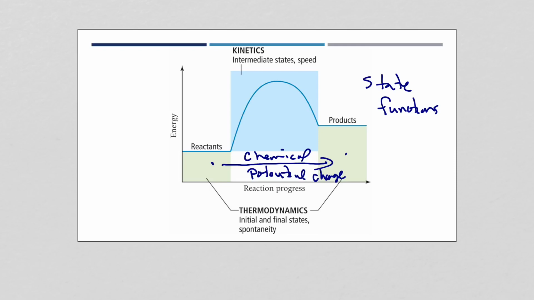Properties that only look at the beginning situation and the end situation, and so we calculate them by taking final minus initial. We saw this with enthalpy, with delta H back in chapter 7, and we'll see it with other properties that we discover or look at in this chapter.